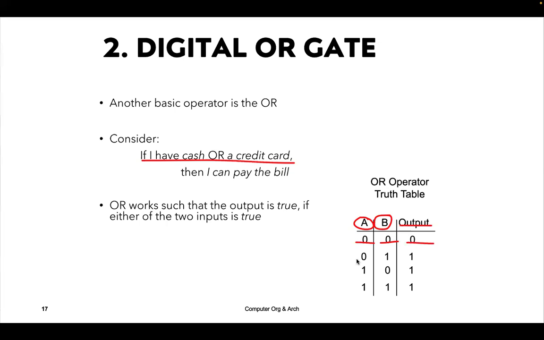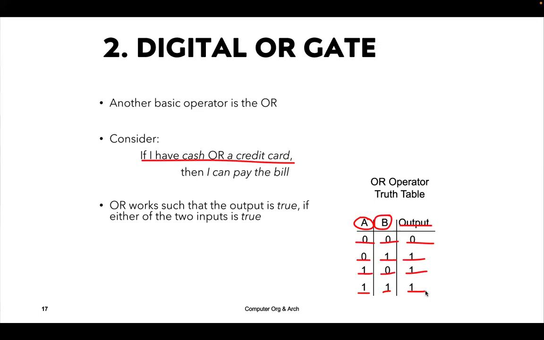But if I go without cash but I have mobile money, then I can use mobile money to pay for the products. If I go with the cash but without mobile money, I can use cash to pay for the product. If I go with the cash and mobile money, yes, I can also move out with the product.